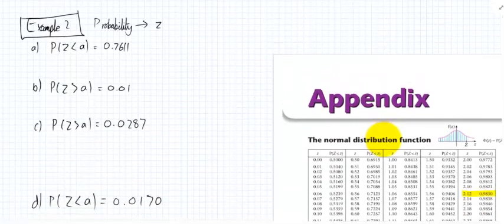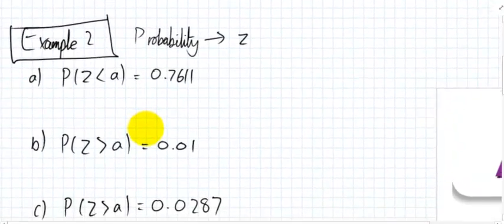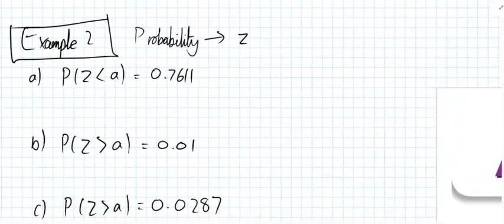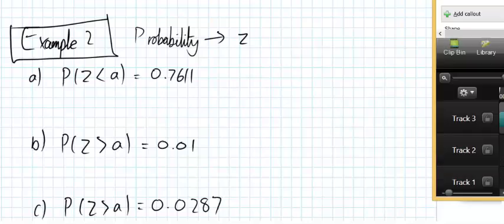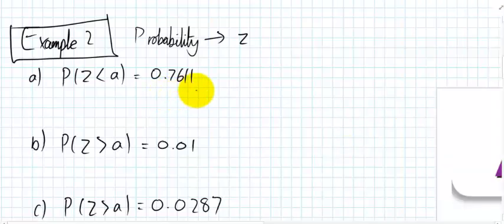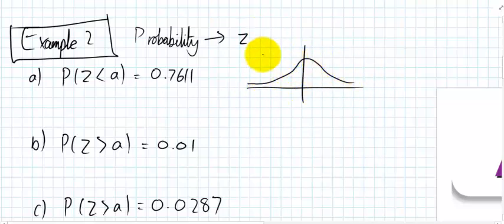So let's go through example 2a. The probability of Z being less than A is 0.7611. What is A? Well, it is a less than, so when we sketch the graph, the area will be starting from the left.